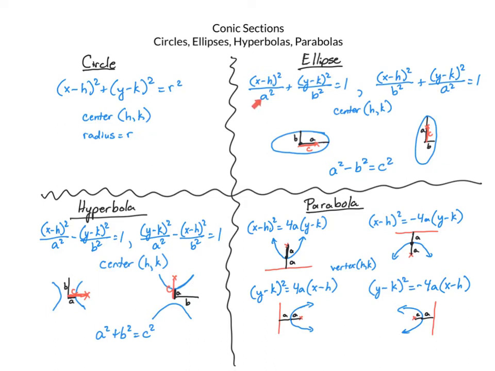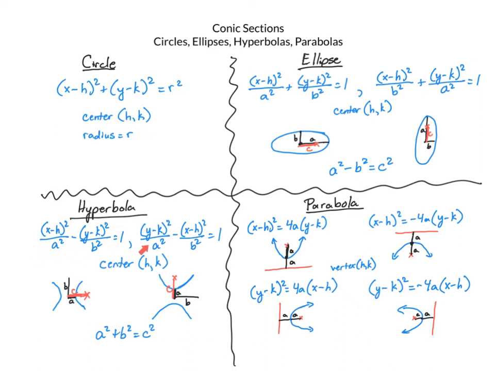Notice when the a squared was underneath our x squared, our major axis was in the x direction. It was horizontal. When the a squared is underneath our y squared, we have a major axis that is vertical. So the a squared is always the larger of the two denominators when the equation of the ellipse is in standard form.